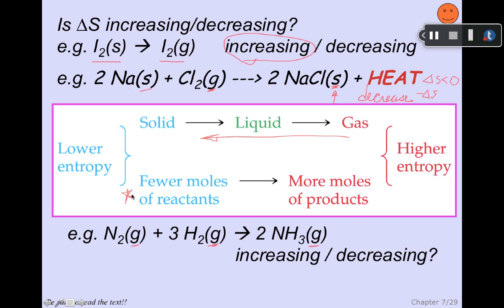No math to do there, just count. Well, a little math. On the left side, we have 4 moles, and on the right side, you have 2 moles. So if you're going from 4 moles to 2 moles, you're going to make fewer moles. That is a decrease in entropy. Change in entropy, again, here is less than 0.